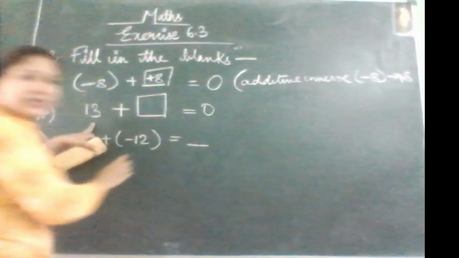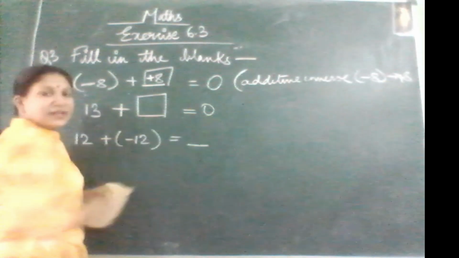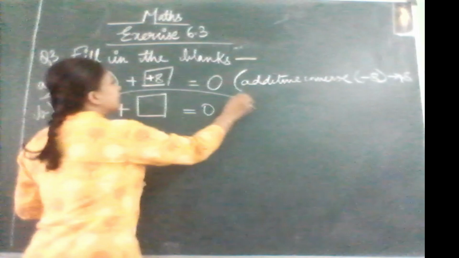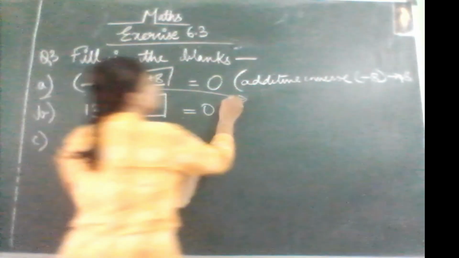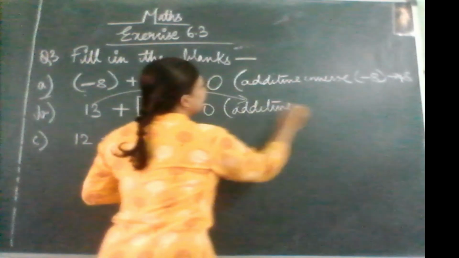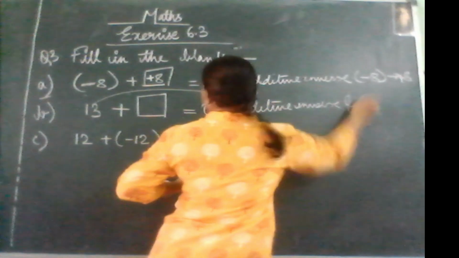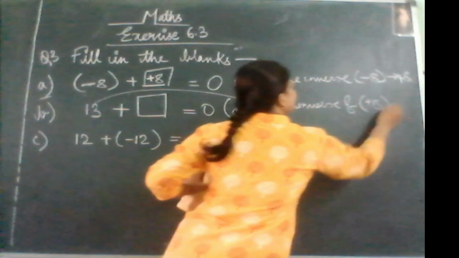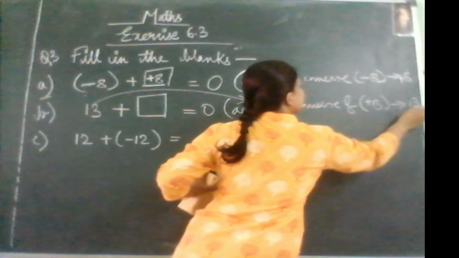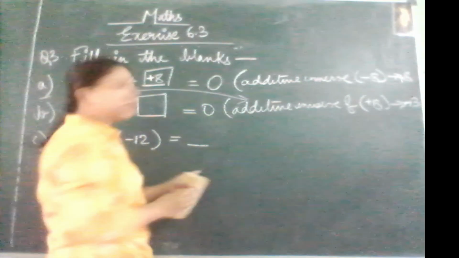Same way, here see 13. So which number you will add here so that you get 0? You will take the additive inverse of 13. So what is the additive inverse of plus 13? You will have the same number, same value but difference in sign, that is minus 13.